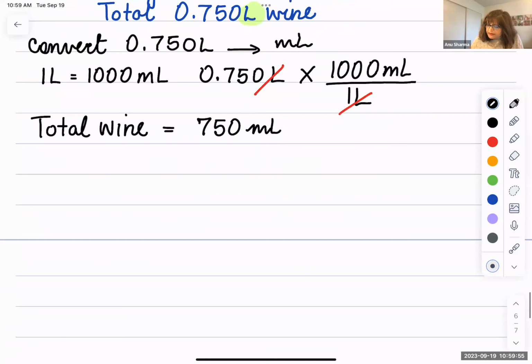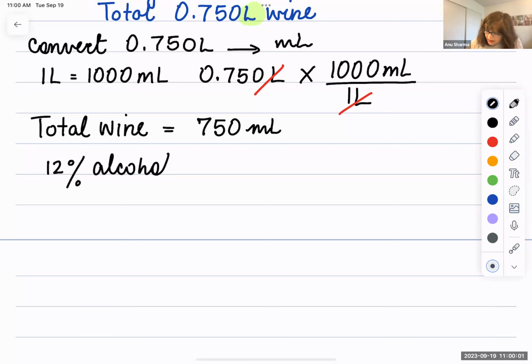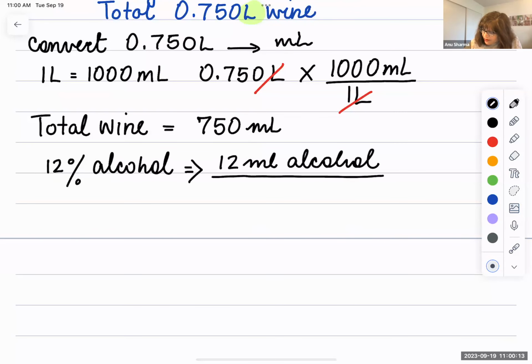Now, next thing is they're saying how many milliliters of alcohol is there. So this 12% alcohol now becomes the equality. So 12% alcohol becomes a conversion factor. This means 12 milliliters of alcohol is present in 100 milliliters of wine. Okay, we're going to use this conversion factor.